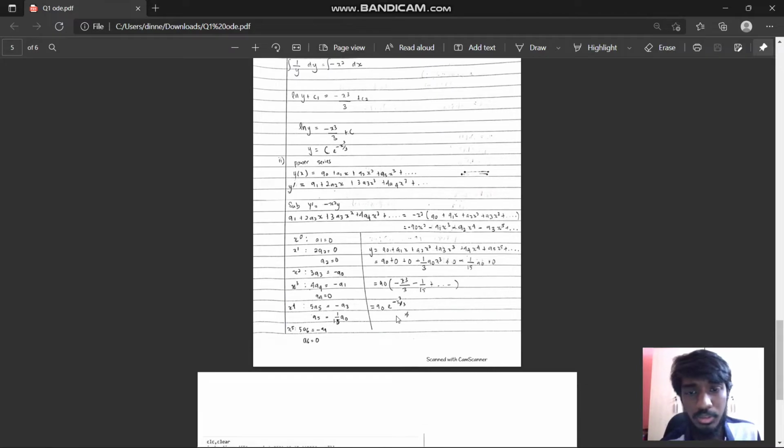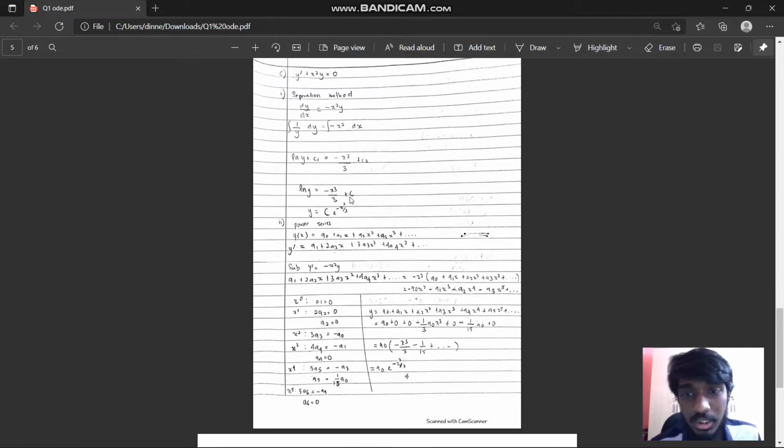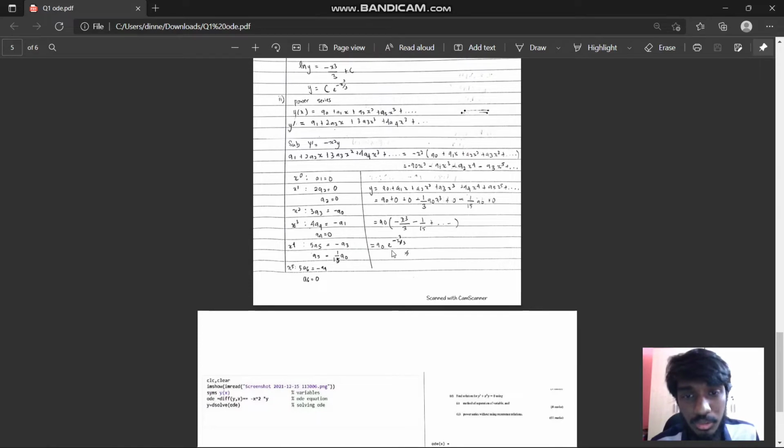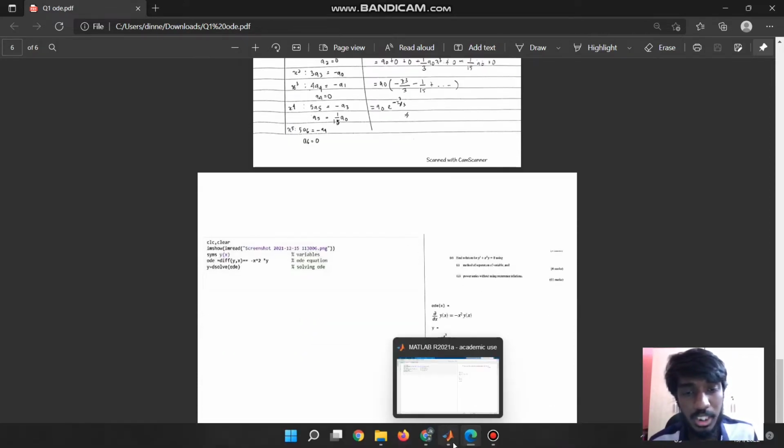In the power series, a0 plays the role of c in the separation method, giving a0 exponent negative x cubed over 3. Let's go to MATLAB.